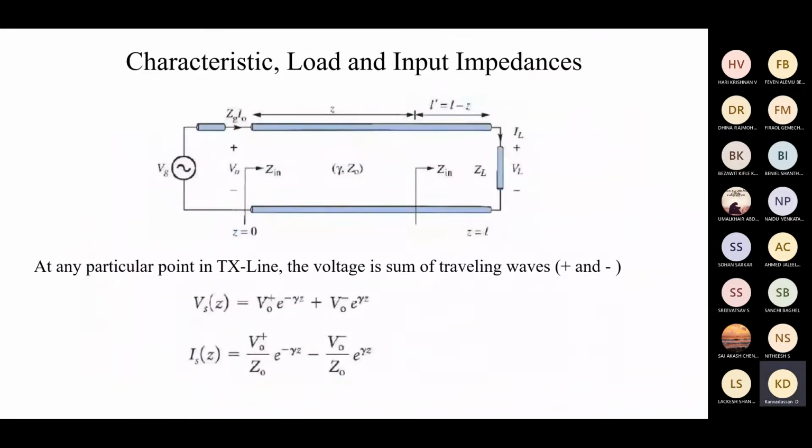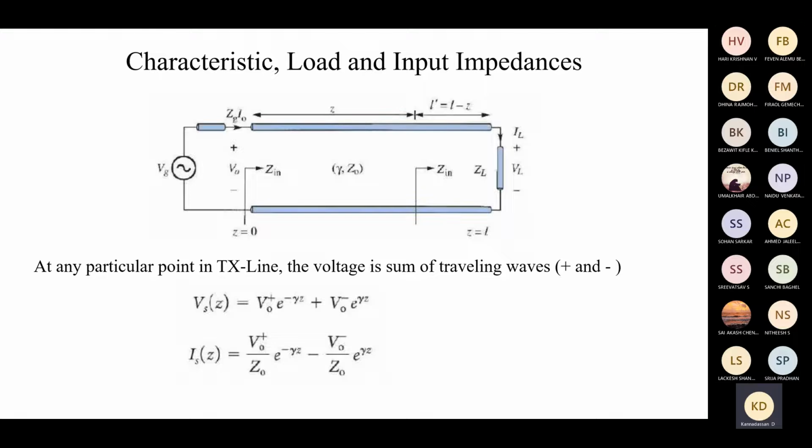The basic idea of the transmission line theory is to describe the impedance function of the transmission line which is connected with a load and a source. This is a very important picture, where the entire problem is simplified. As I already told, transmission line theory is needed only for high frequency applications, like frequencies of more than 500 megahertz.